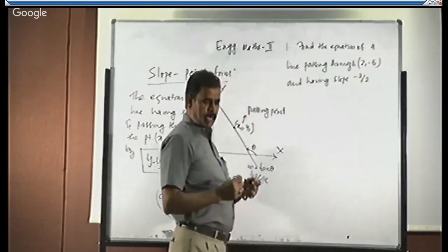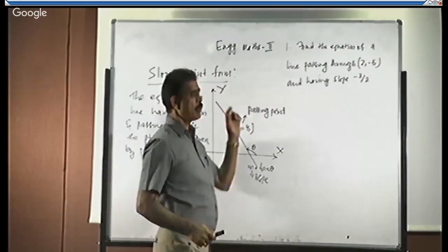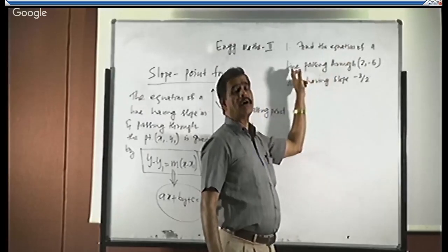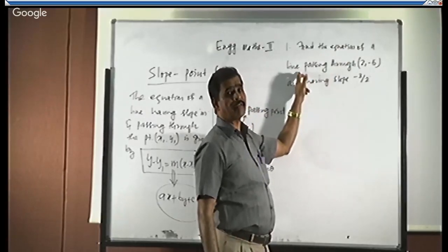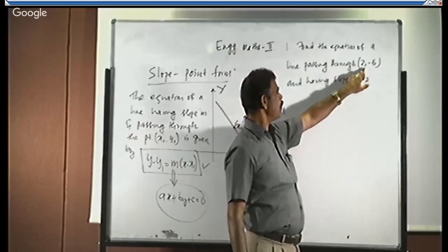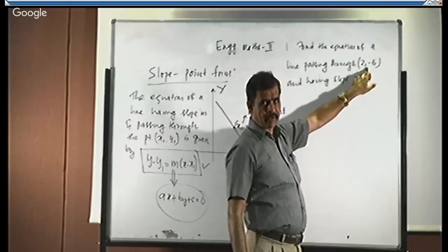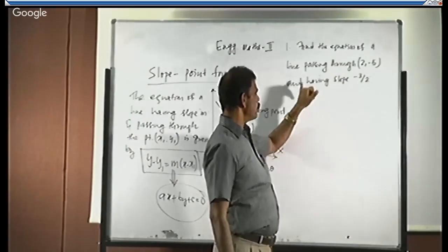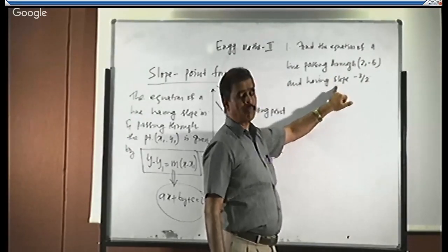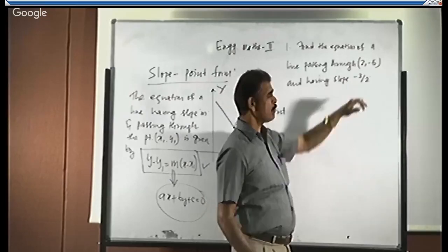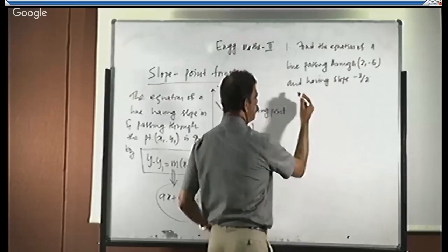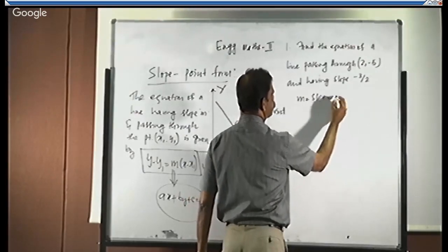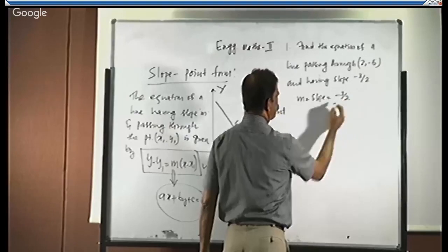Observe the question. We need to find the equation of a line. What are the parameters given? They have given a passing point, which is 2 comma minus 5. And the other parameter given is slope, which is minus 3 by 2. Take this as slope. Slope is m. m is equal to minus 3 by 2.